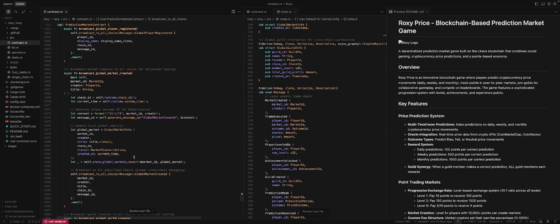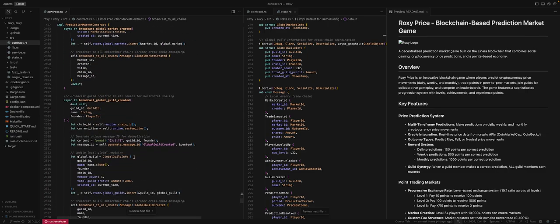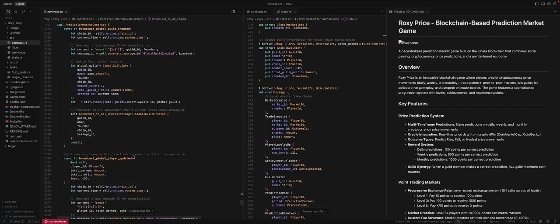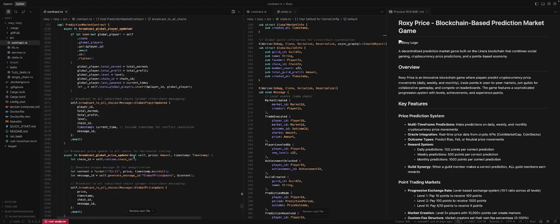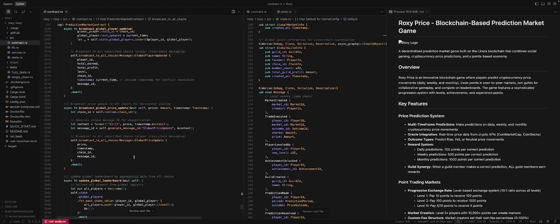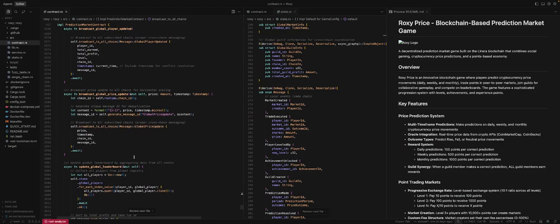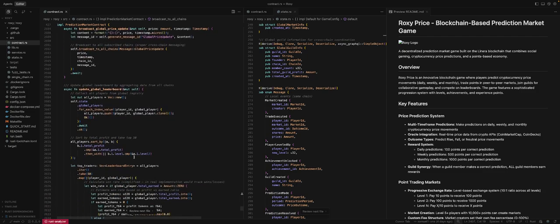Same thing with the markets: when a market is created, when someone joins a guild, on broadcast global player updates whenever an update is happening, and for price, broadcast global price updates whenever the price is updated. Every player in their own microchain will see that the price has been updated.